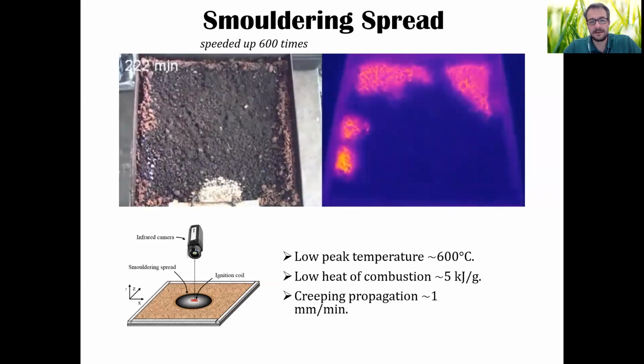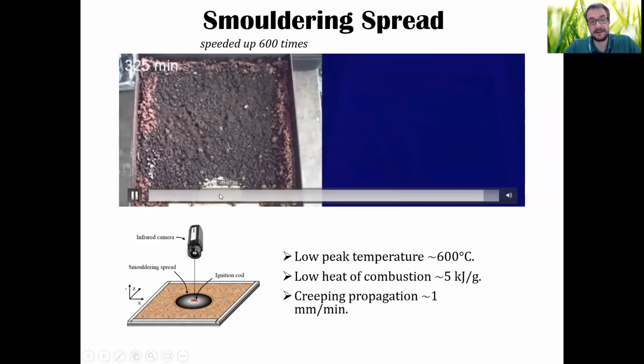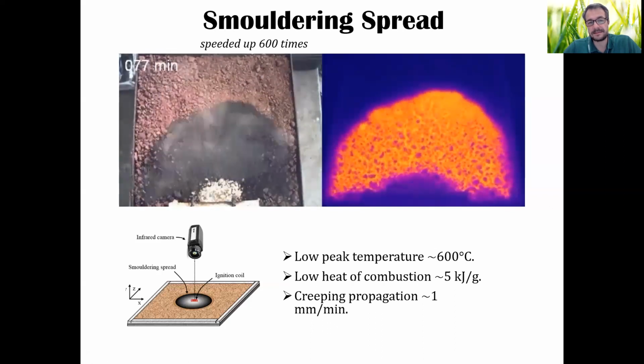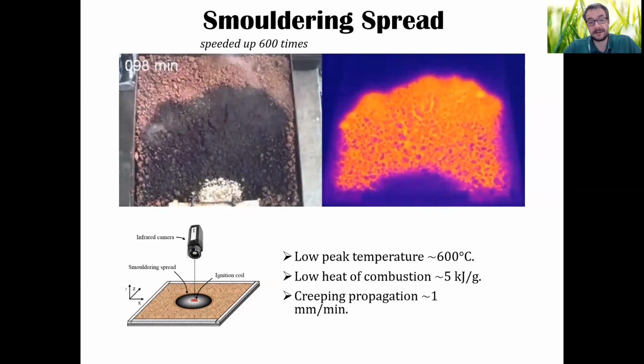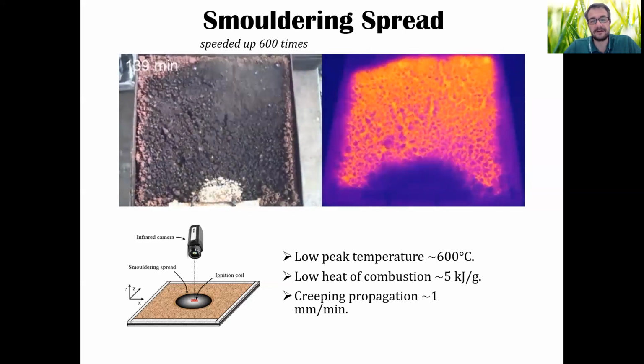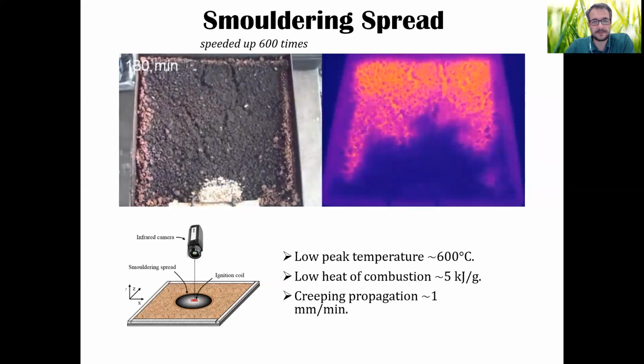The amount of heat that it releases is much smaller than the heat that a flame releases, about a third of the energy of a flame. And the spread rate is very slow. It's creeping, what we call creeping. It's about 1 millimeter per minute, whereas a flame propagates maybe a meter per minute. So, significantly different types of combustion.